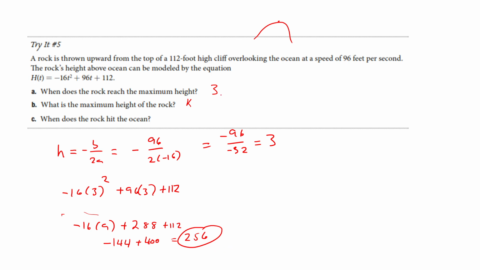So plugging h back in finds us k, and we got a maximum height of 256. When do we hit the ground? Well, we're going to try to set this equal to 0.